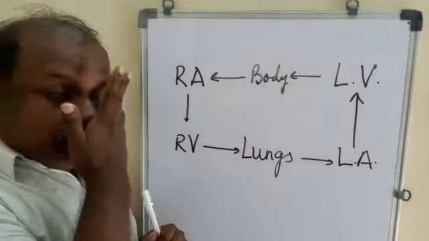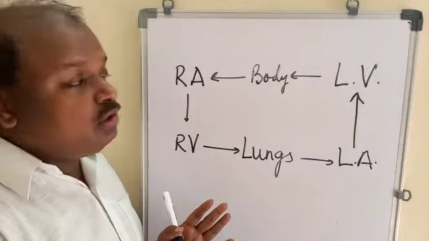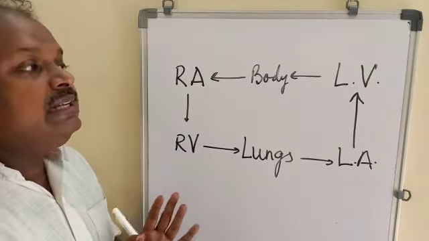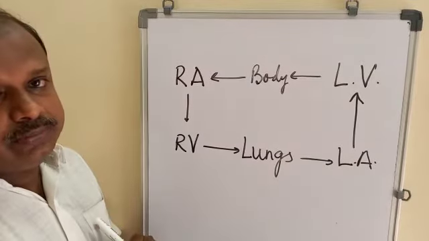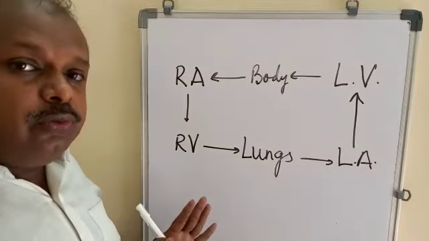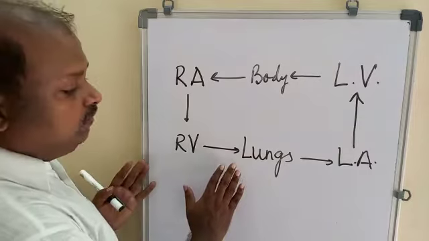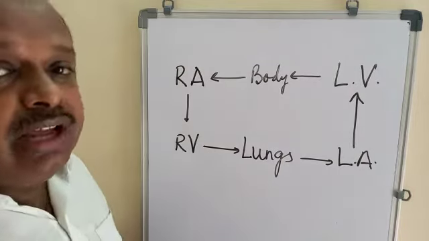Now, we have to learn the definition of pulmonary and systemic circulation. So simply, whatever process we have learned till here, again we are going to repeat.